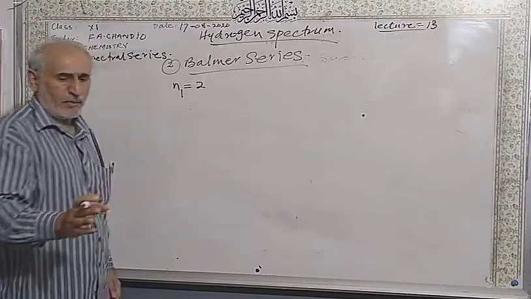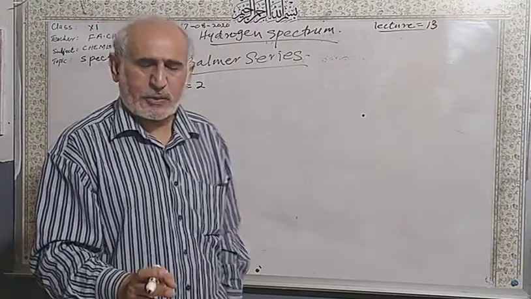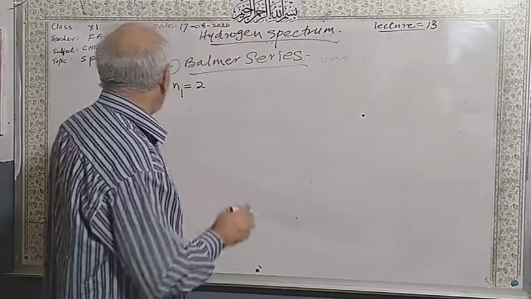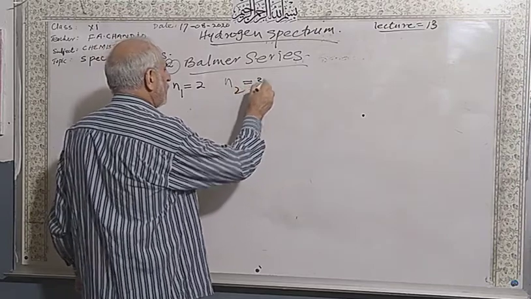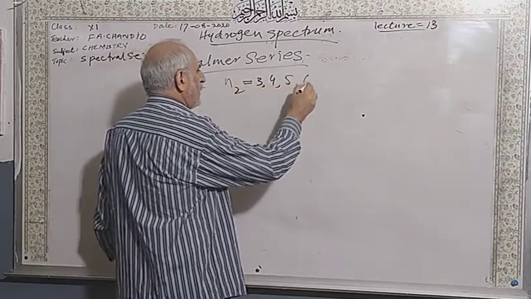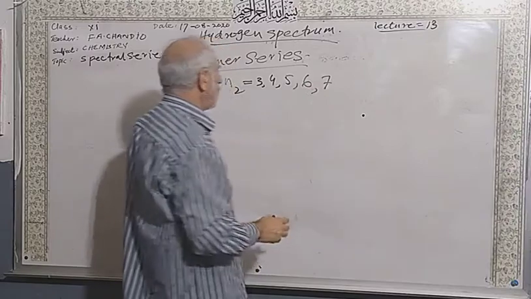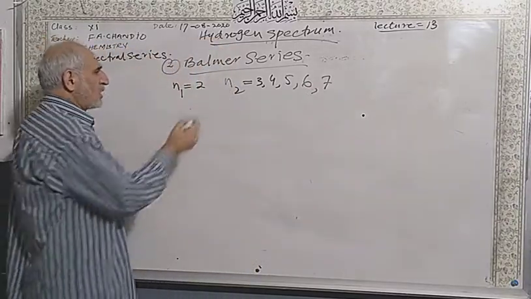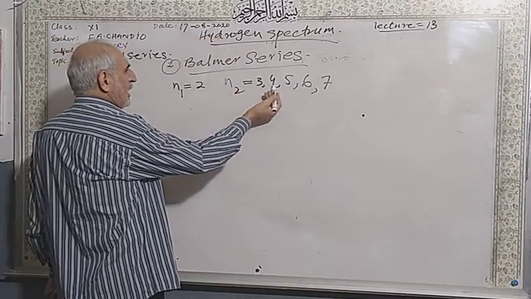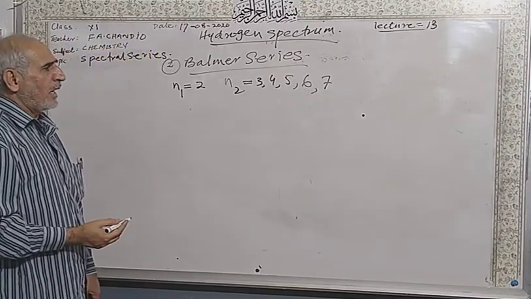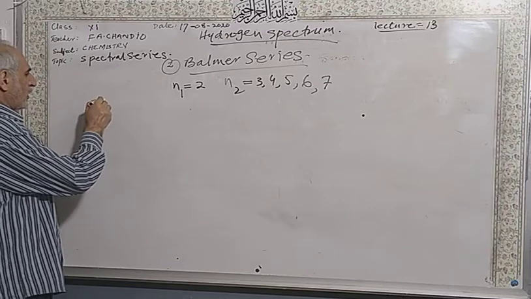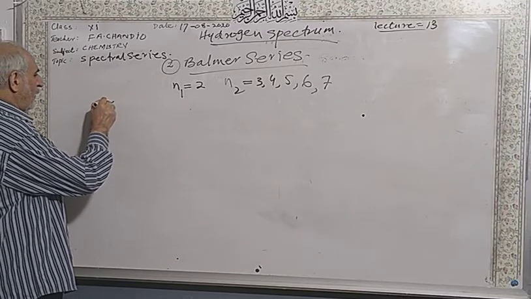If you see the diagram, or open the hydrogen spectrum in the grade 11 book, n2 will be equal to 3, 4, 5, 6 and 7 and so forth. So this is the first line of the Balmer series, second line, third line, fourth line and fifth line of the Balmer series. And I wrote yesterday the formula of the wave number.